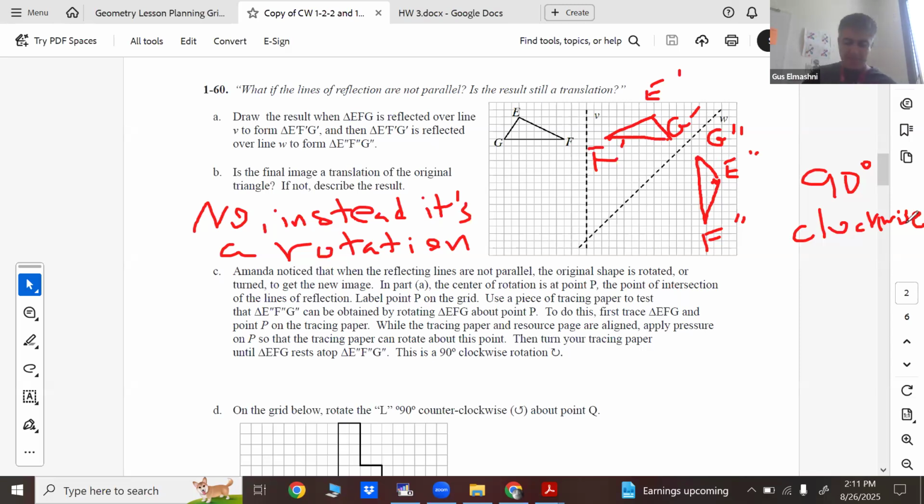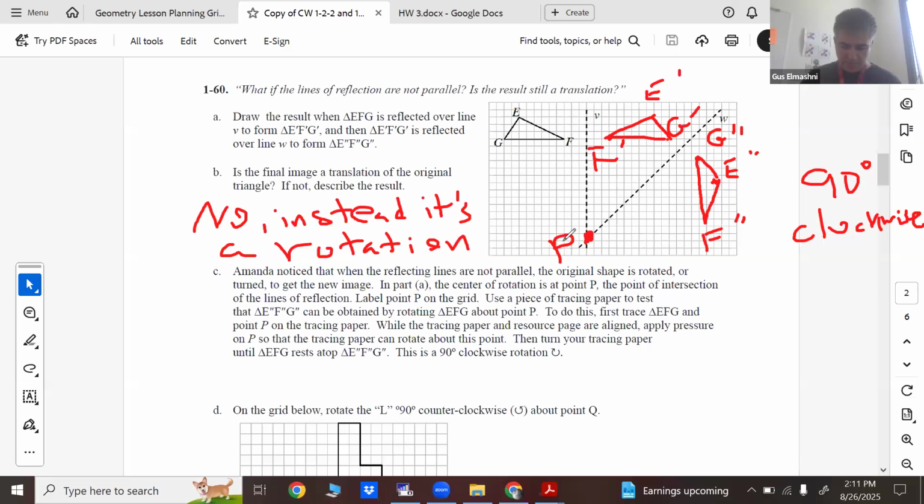Peter, can you read part C? It is rotated or turned to get near them. In part A, the center of rotation is at point P, the point of intersection of the lines of reflection. Go to point P on the grid.